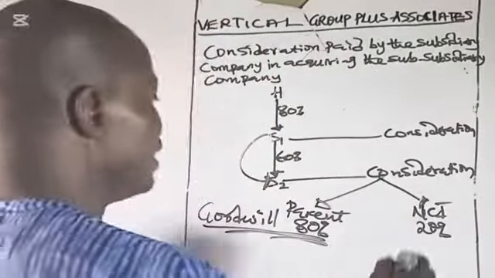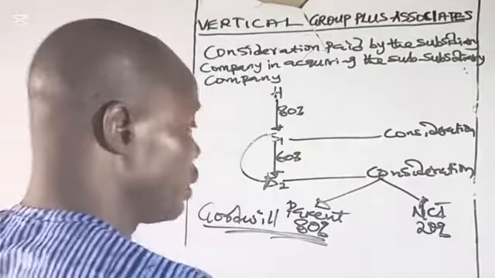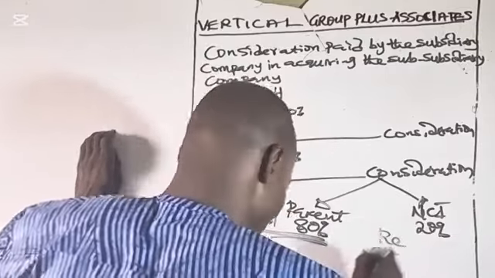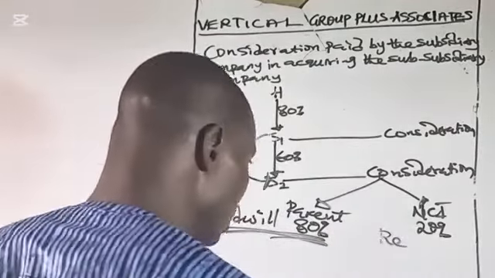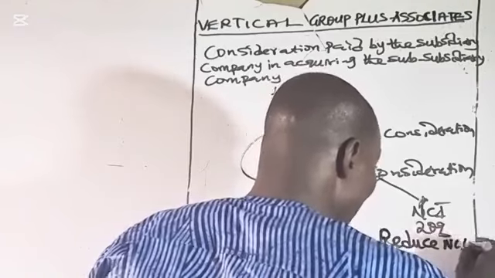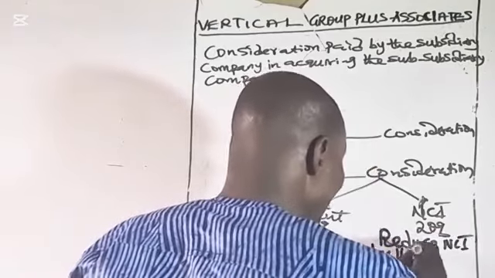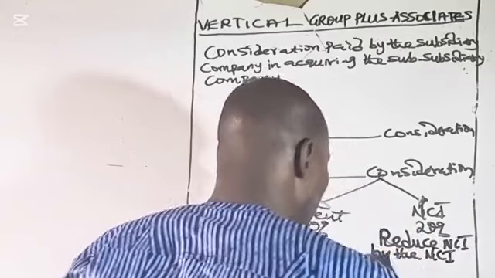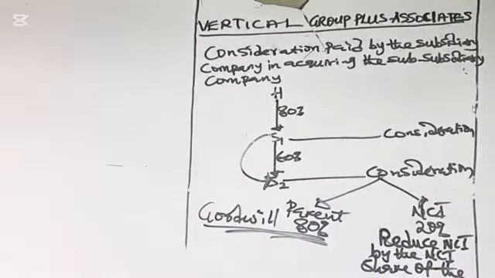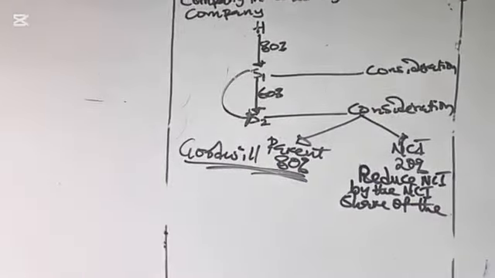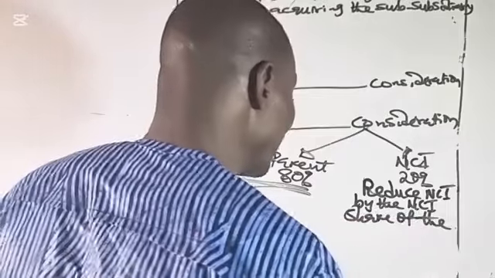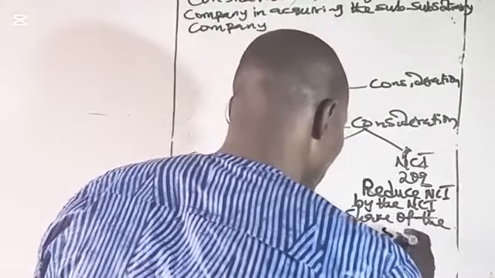So, the NCI share, which is 20%. Reduce NCI by the NCI share of the consideration.